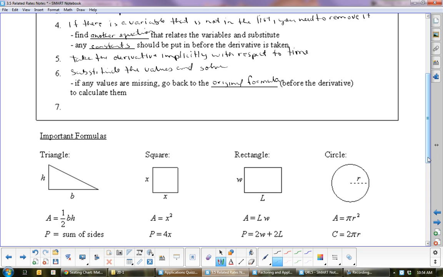So you just got to go back to your original volume formula and put it in there. And then 7, everybody's favorite, express your answer with proper units in a sentence. See? Easy.